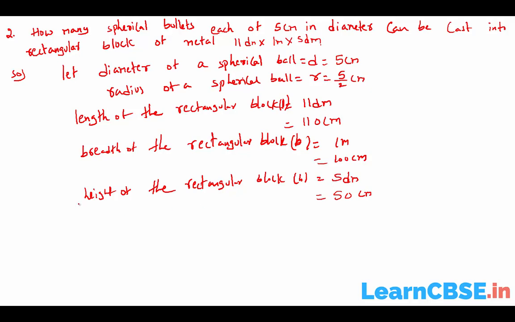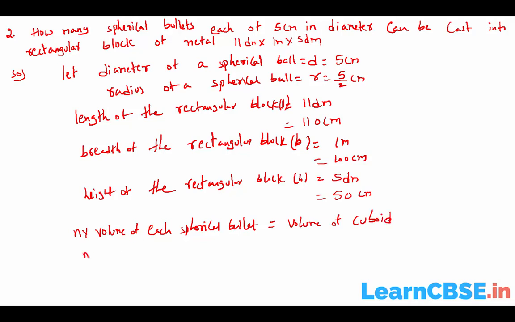Now n into the volume of each spherical bullet equals the volume of the cuboid. Rectangular block is nothing but a cuboid.